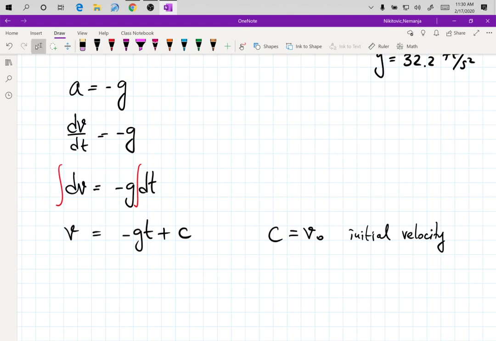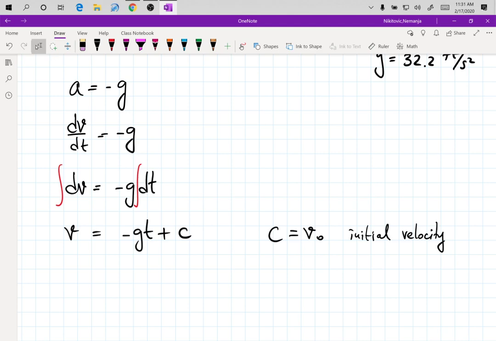So when you let go, even if you let go at the same height, the object will move faster because it will still be accelerated later on with gravity, but it had the initial velocity. So that plus c is actually initial velocity, which is a difference between dropping something or slamming it into the ground.